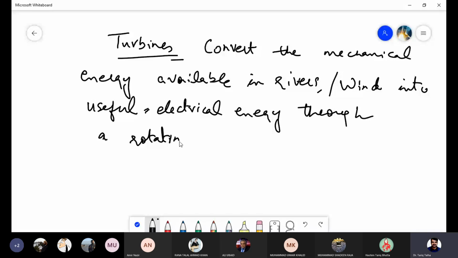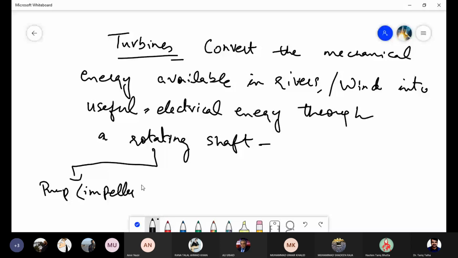right? So if you remember that in case of pump, when we were talking about pump, this rotating shaft was impeller, like in centrifugal pump, right? But in case of turbine, this rotating shaft is called runner for turbines.